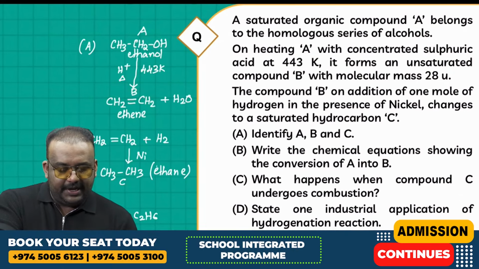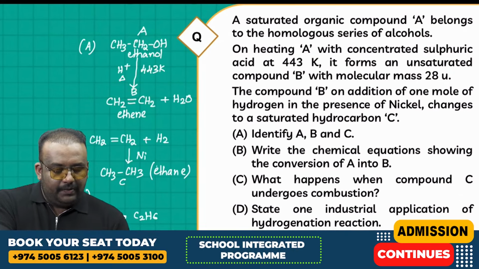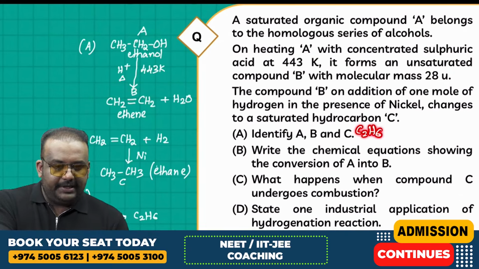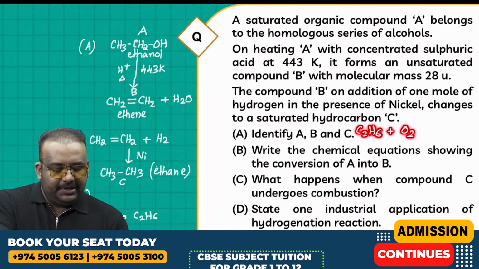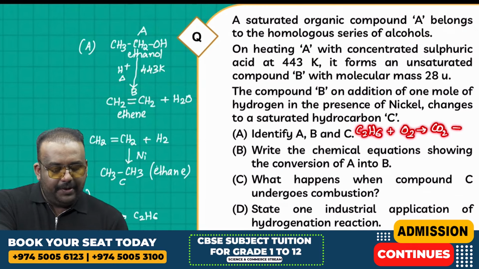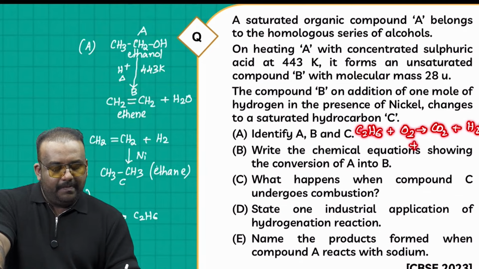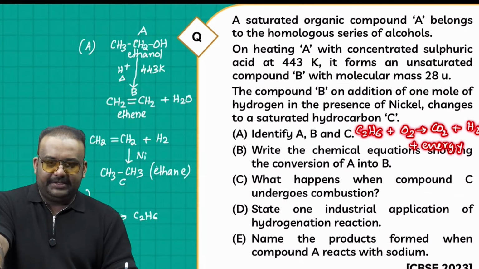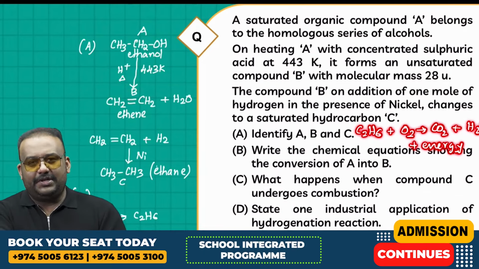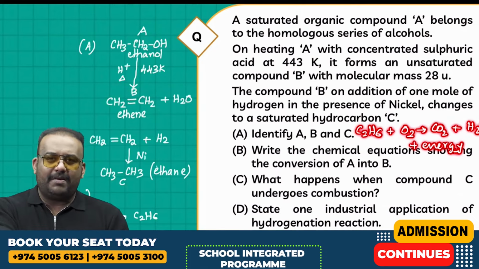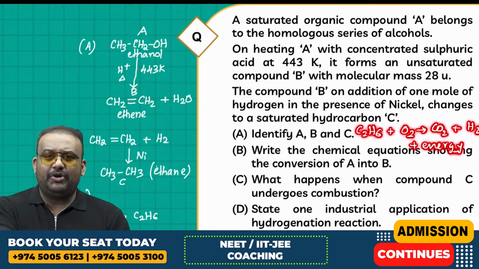So I can show the reaction. C2H6, when it undergoes combustion, is going to produce CO2 plus H2O, and a large amount of energy is released, because combustion of hydrocarbons releases carbon dioxide, water, and a large amount of energy.